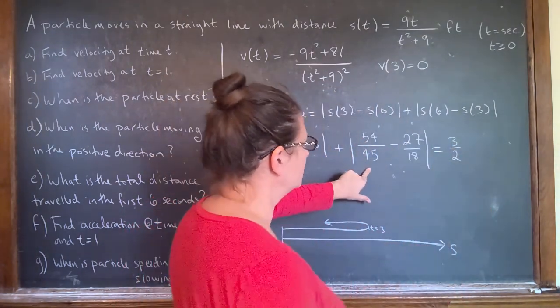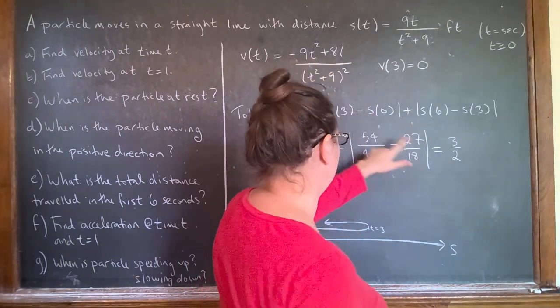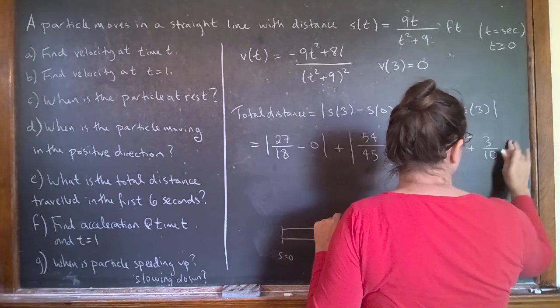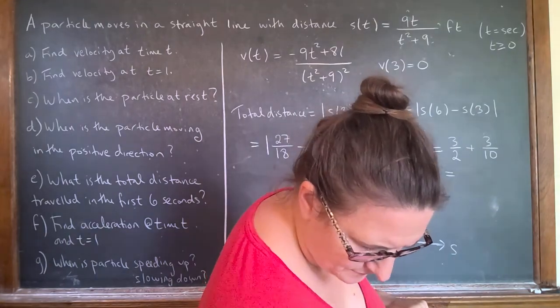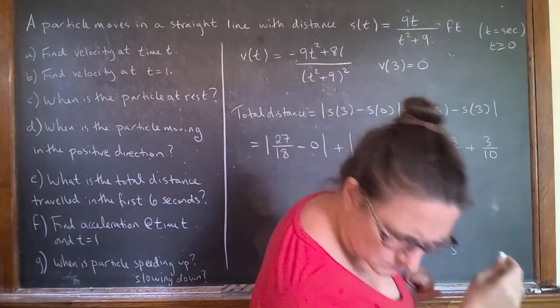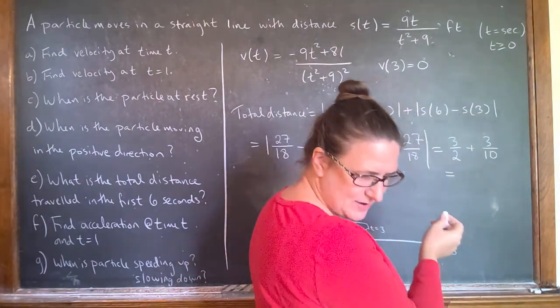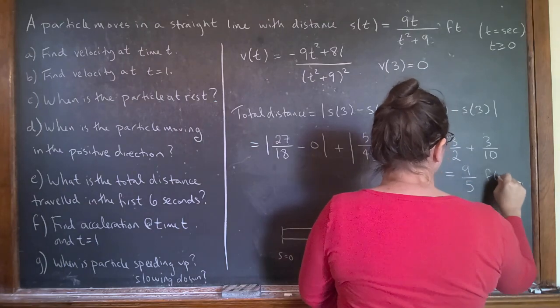And this one turns out to be negative 3/10, but it's the absolute value, so it ends up being 3/10. So my total distance traveled ends up being 18/10, which is 9/5 feet.